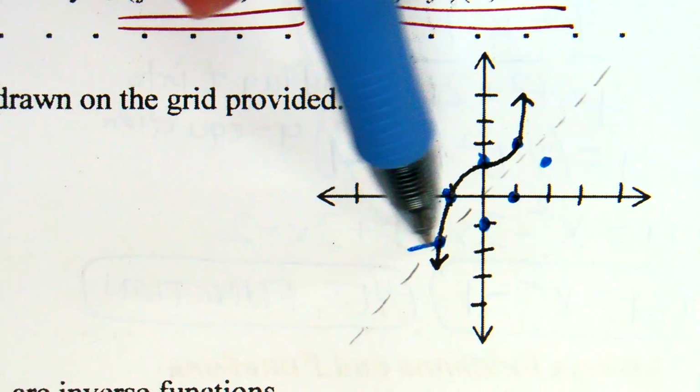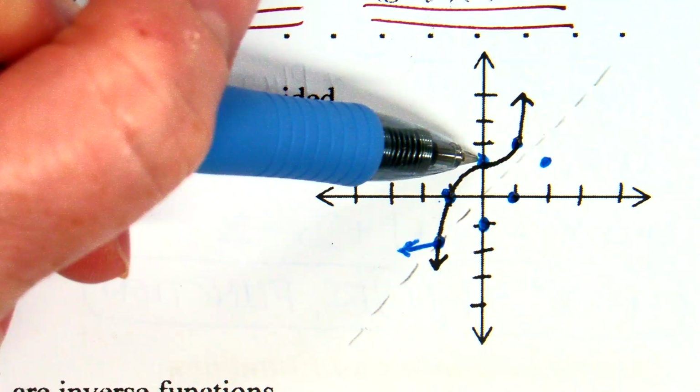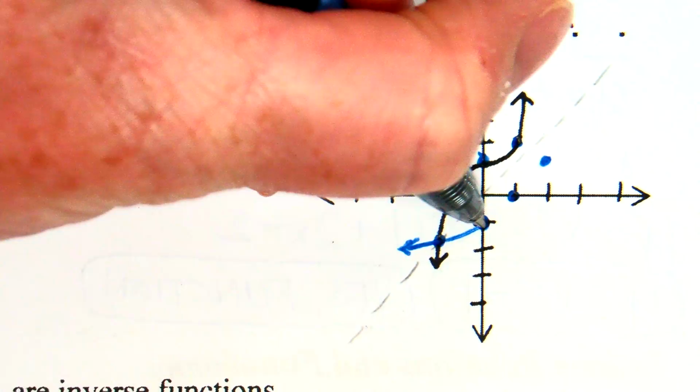And then if you look from here to here, what is my graph doing in relation to y equals x? It's curving out and away from the line y equals x. So what's my inverse going to do on the other side? It's going to curve out and away from my line y equals x.